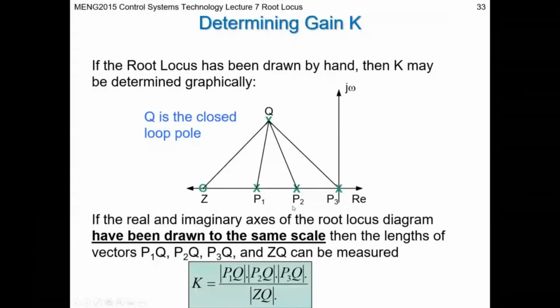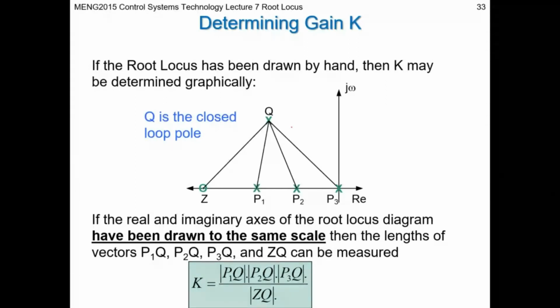If you've plotted your locus carefully on graph paper and you have scales that match, then you can literally just measure the distance between your closed loop root Q, which you found because it's where the locus crosses a given damping line, and you want that damping to give the response you want, the time response from your system. Right?